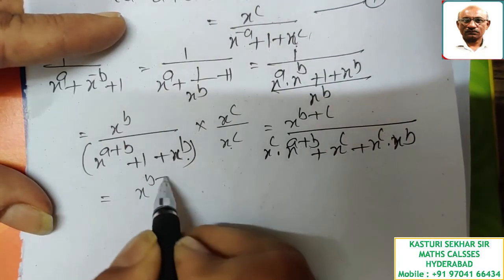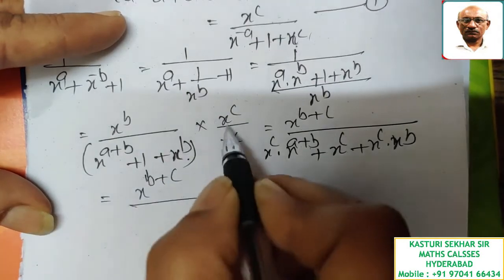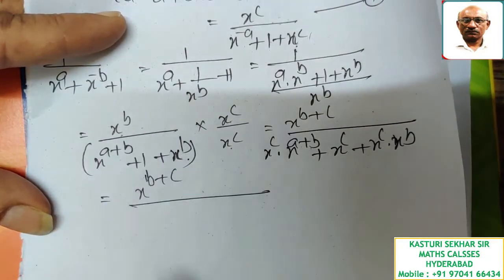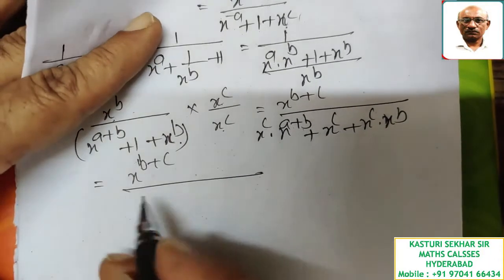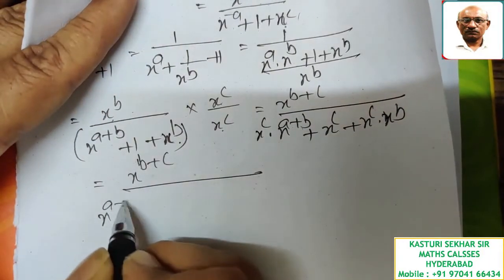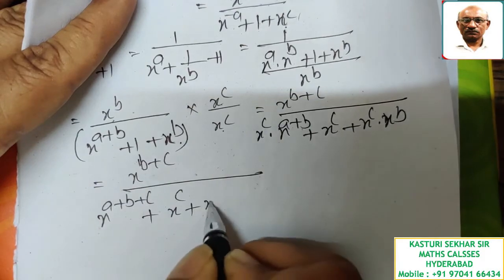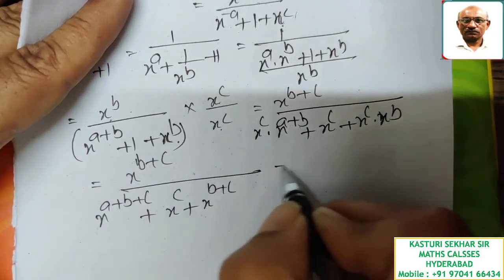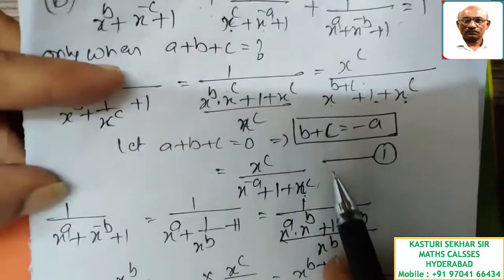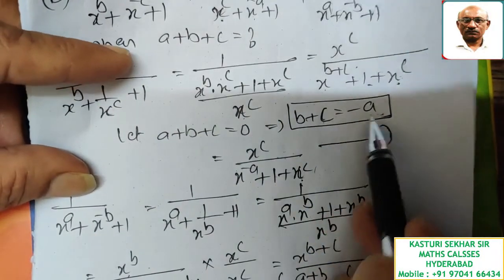So this is x to the power b plus c. Bases are equal, multiplication sign, so I added the powers. Here also it is a plus b plus c. X power c plus x power b plus. We know b plus c can be replaced with minus a.